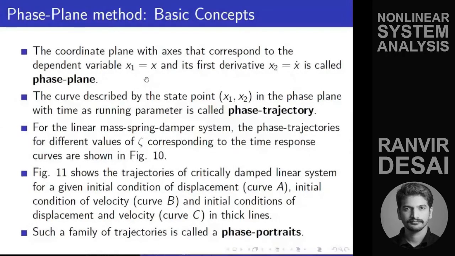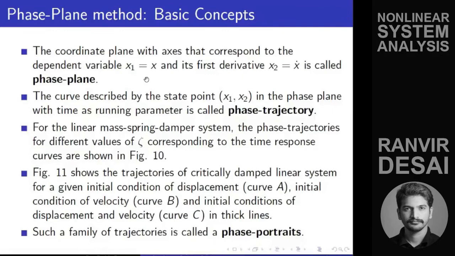The curve described by the points in the phase plane is called the phase trajectory. At a particular time, say t equal to 10 seconds, it will be a single point with coordinates x1, x2. As you go on increasing the time, that point will move, so the graph of those points is called the phase trajectory.